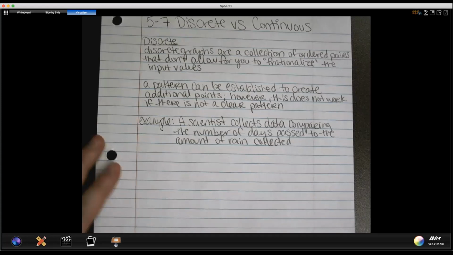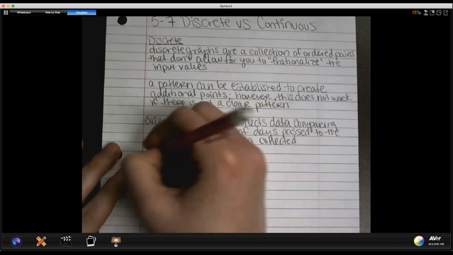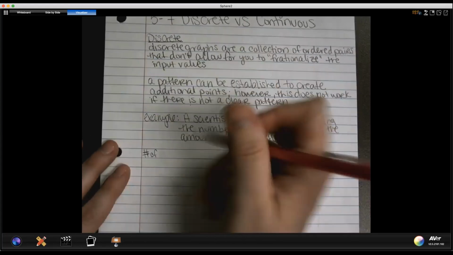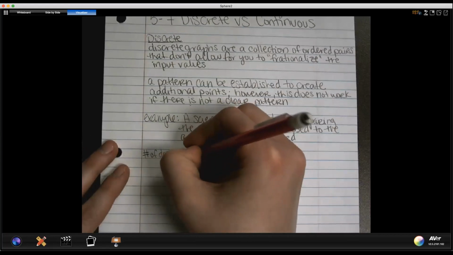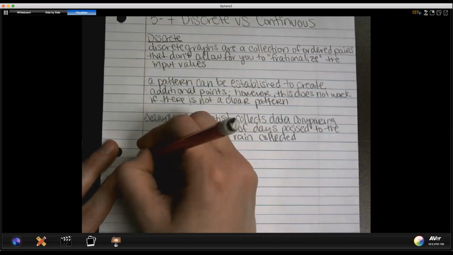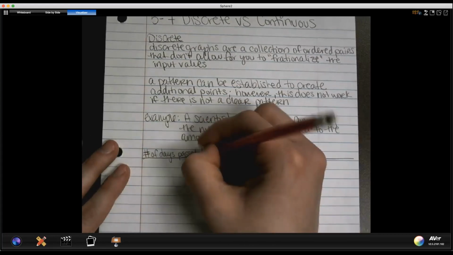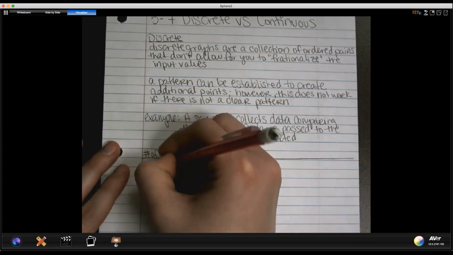So let's make a table. So this is the table that's provided. So number of days passed is going to be our independent value. And what would be our dependent value? Yep, the amount of water or amount of rain collected.